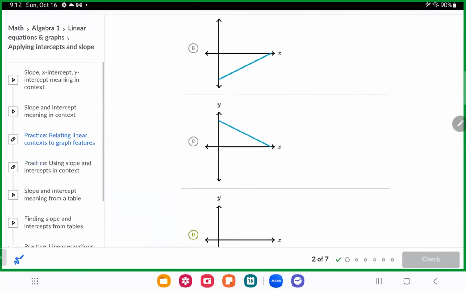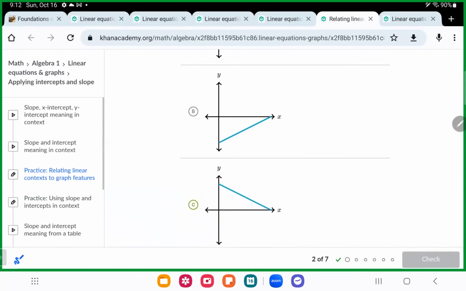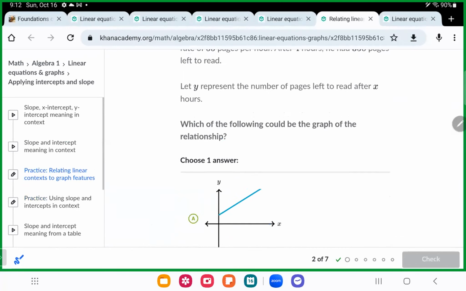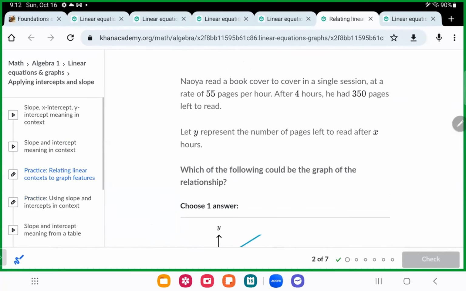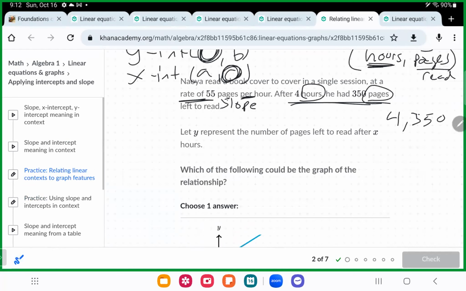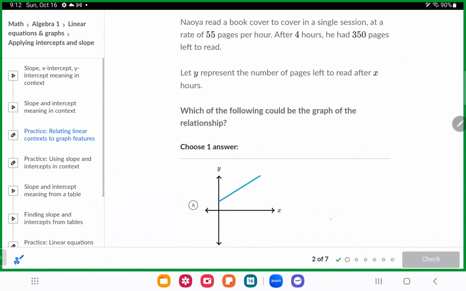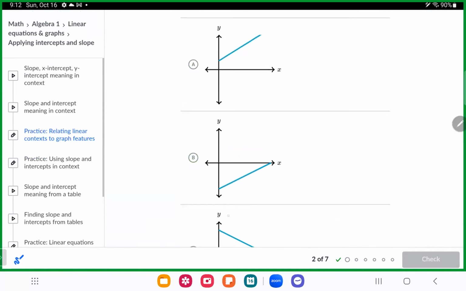And, oh, no, we don't want it to start from 0, 0 because we could talk about it like he had a certain number of pages to read, and then the slope is pages read. So our slope could be negative 55. So he has a book to start, and then he's reading it, and the amount of pages he has left to read is going down. I only say that because I don't see my 0, 0 graph.